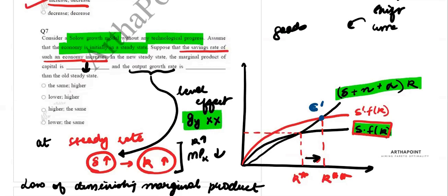Remember this thing. These are a few things that should be in your tips now: savings always has a level effect. It does not affect the growth rate of the economy. So the question here is asking us what is going to happen. So the answer is that marginal product will diminish, but growth rate will remain the same.